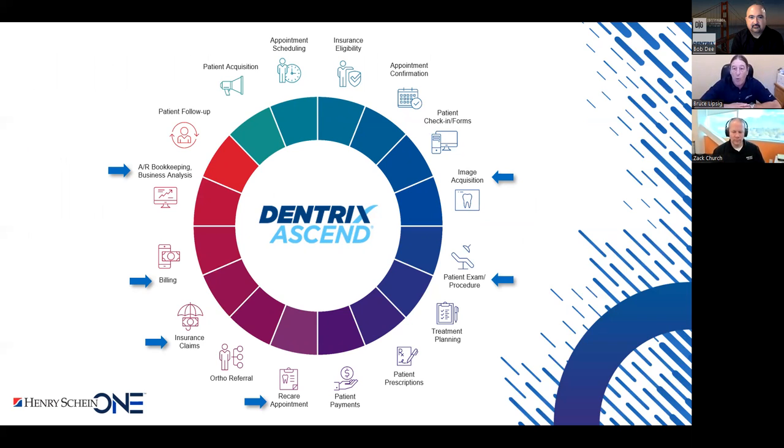Zach, maybe you'll touch on this wheel that we put together that shows just how many things Dentrix Ascend is having to deal with on a daily basis. Yeah, you bet. This is essentially the main aspects of the patient's journey. The patient fills out a form before they start the work. Obviously there's scheduling, there's prescriptions that are written. But these 6 that are highlighted here are aspects of our workflow that our automated portion of imaging really helps address.